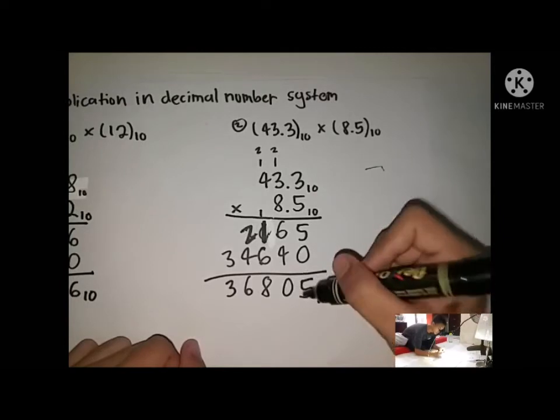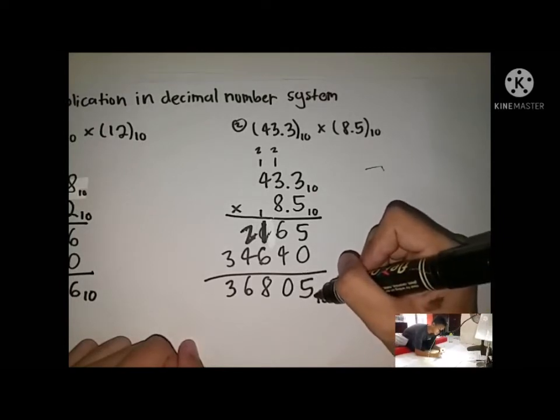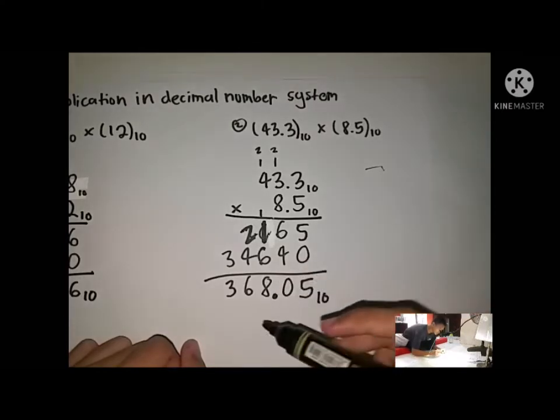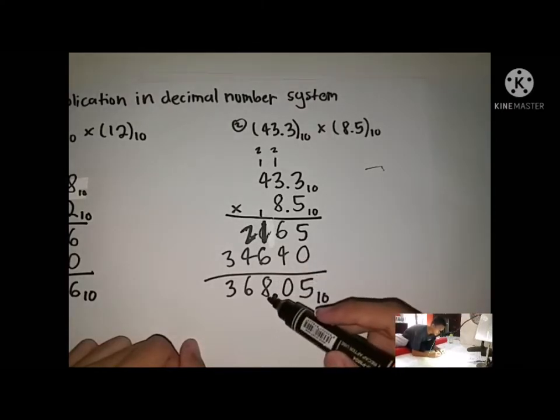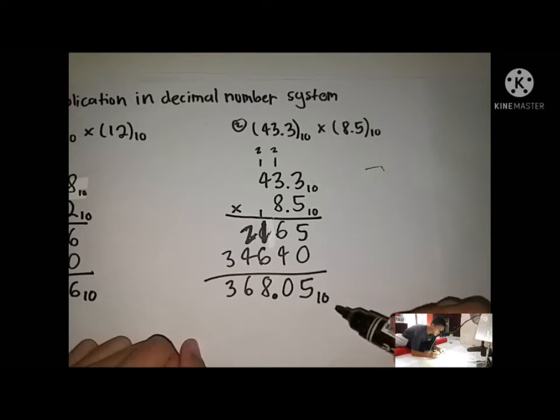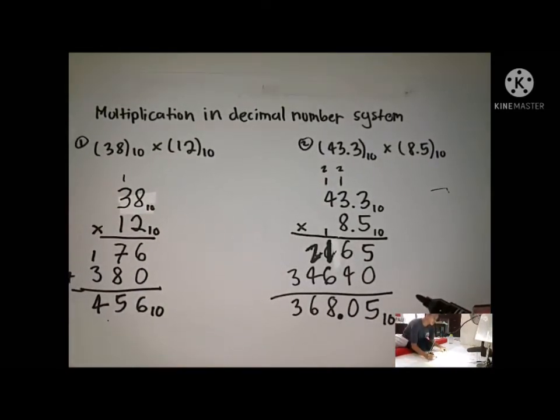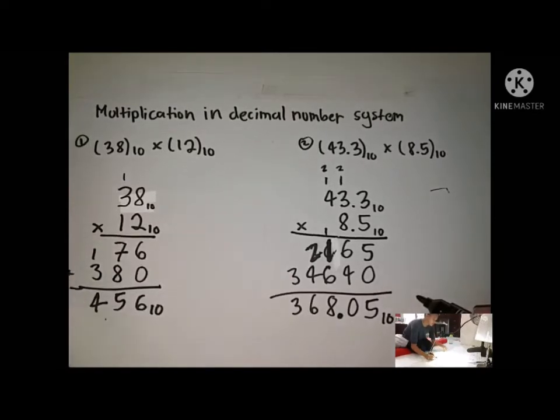So we must move from here 1, 2 to here. So we have a 368.05 base 10 in multiplication in decimal number system.